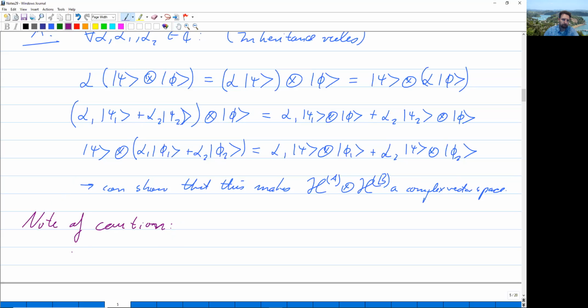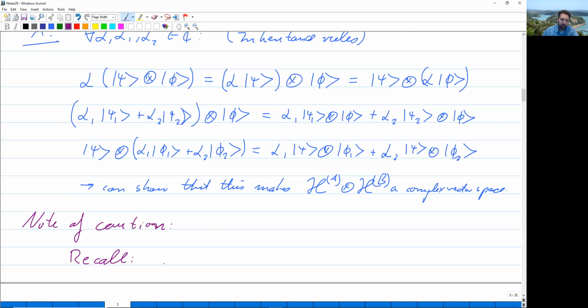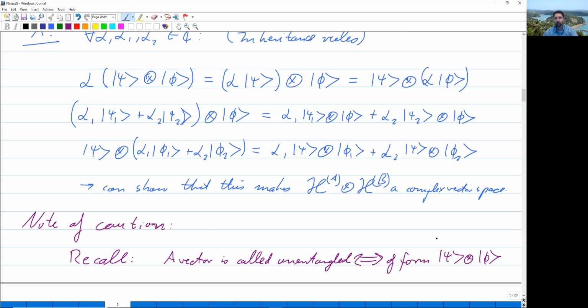Remember, a vector is called unentangled if and only if it is of the form psi tensor phi, where psi is some vector in the Hilbert space of the first system and phi is some vector in the Hilbert space of the second system.